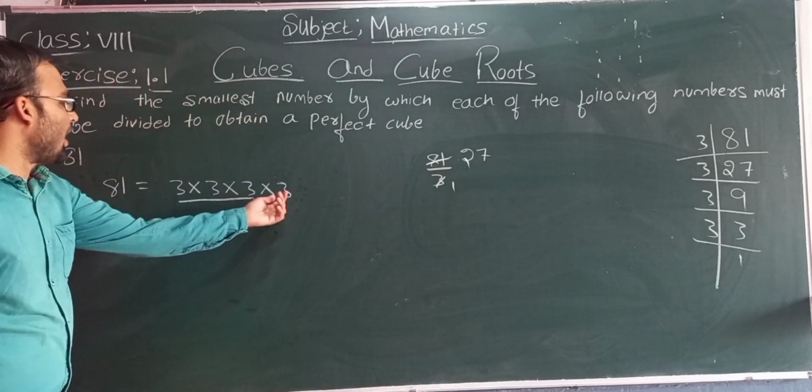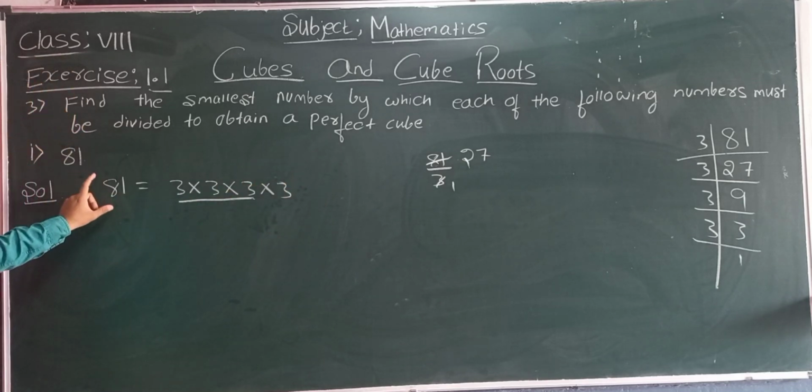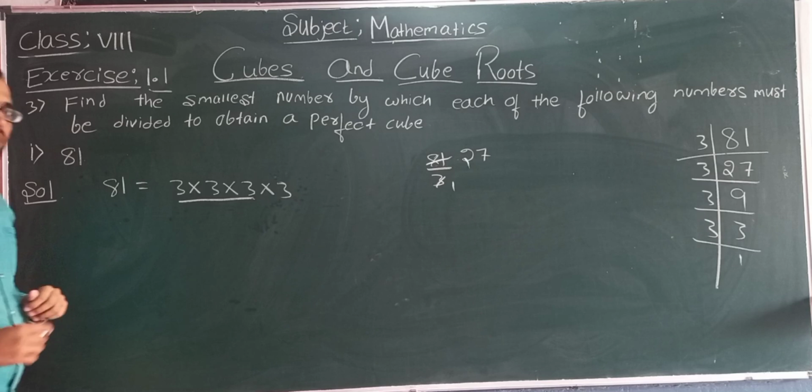In the same way, as here 3 is not in a group of 3, therefore 81 must be divided by 3 to get a perfect cube.